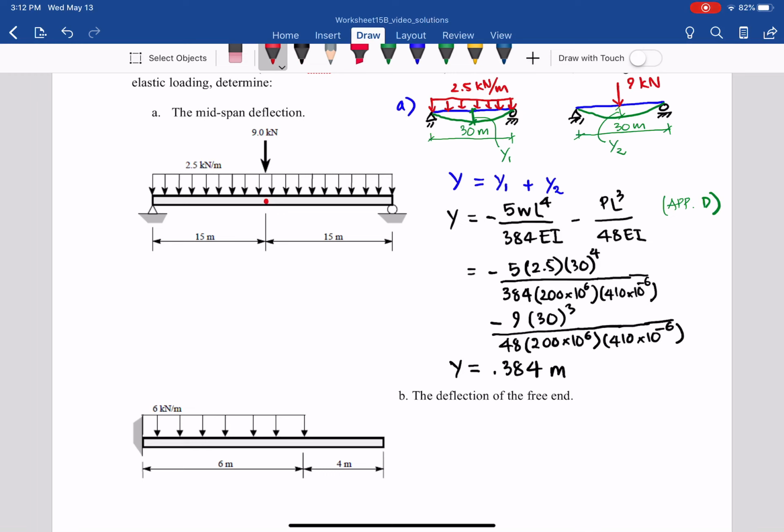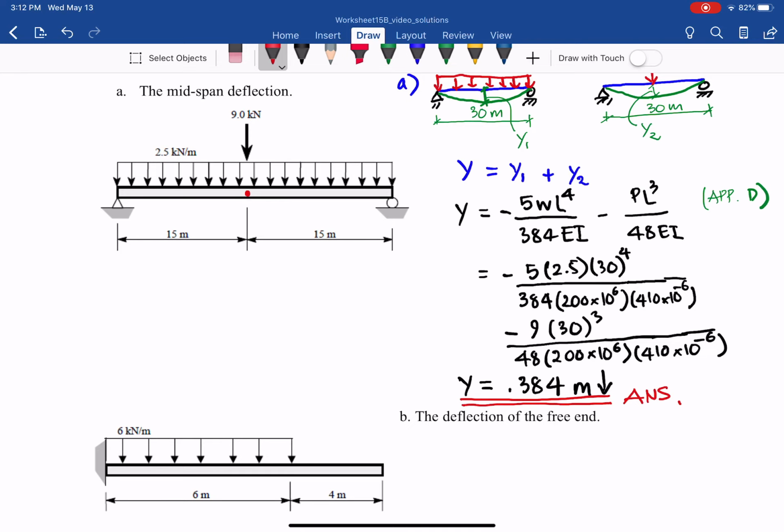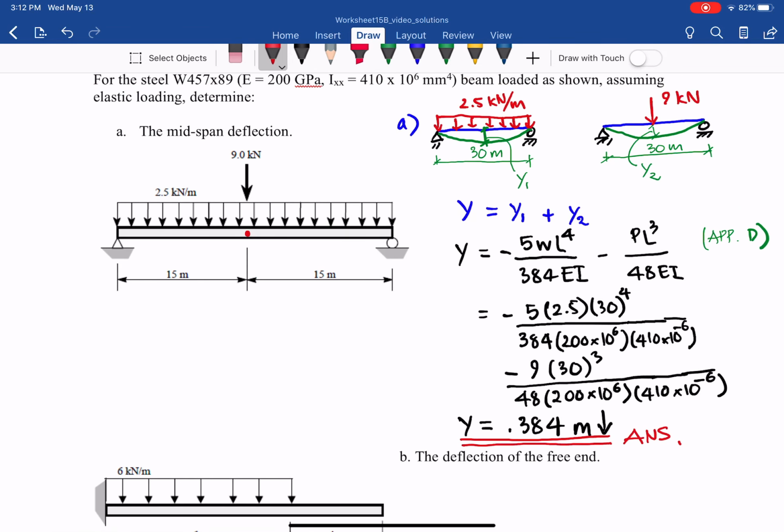It's a negative number, as you can see. If we describe the direction, we can say that it is going down, so then you don't put the negative here, because you already give the magnitude and the direction. Everyone got that one? As you can see, the equation already has a negative. So when we plug in the load, even though the load going down is negative, I put 2.5 positive, based on that equation.